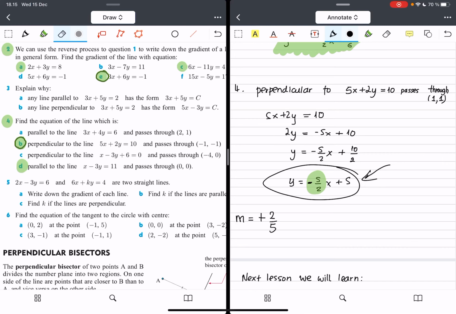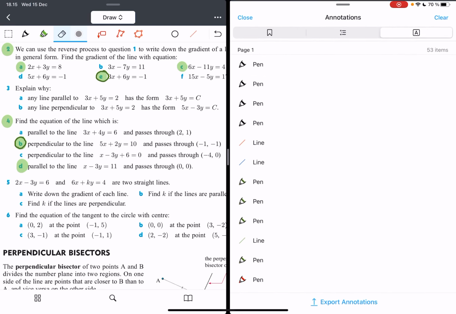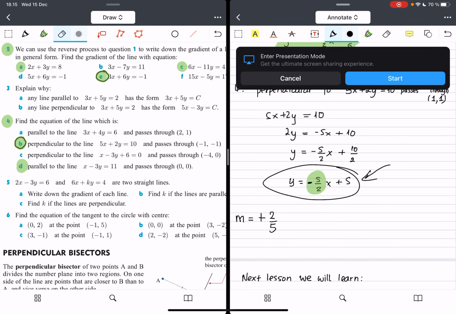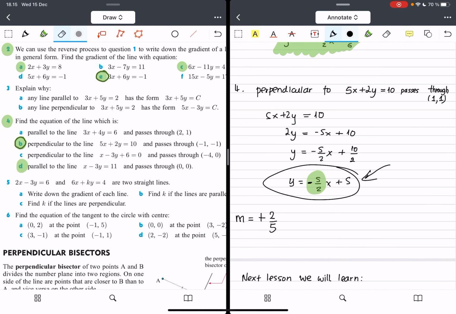So we're looking for a line with gradient 2/5 that passes through the point 1, 1. Again, it's easy. You set up the equation, you plug in your values, and you solve.